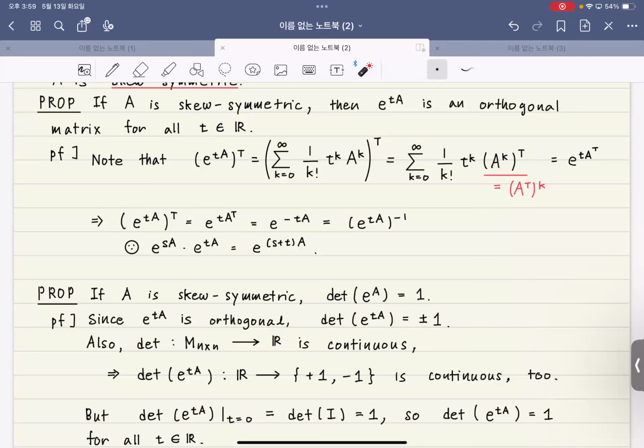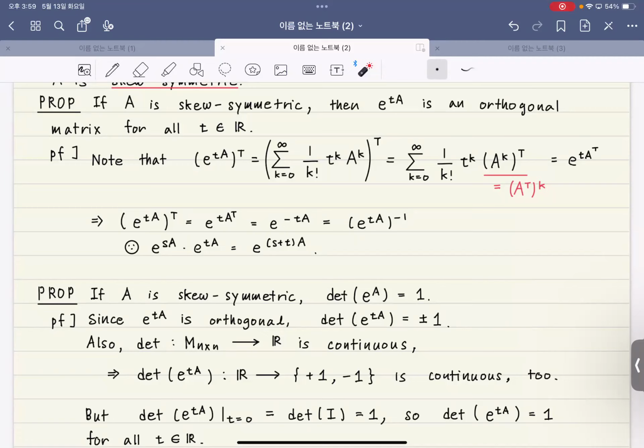This must be somehow a very new argument to you, but I say that the function determinant is a continuous function. So why? Well, we can understand the determinant as a function from the space of all n by n matrices to the real numbers, right? But the space of all n by n matrices also can be understood as Euclidean space of dimension n squared, because an n by n matrix has n squared many independent entries, right?